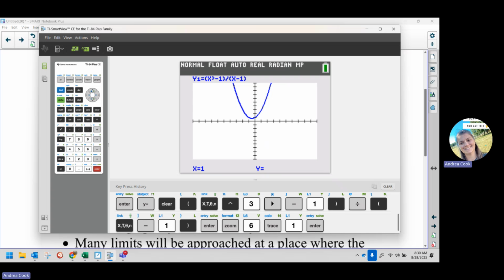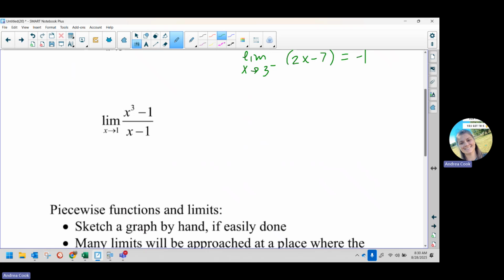If I were to sketch a picture, it looks like that with a little hole there. But both sides of the graph, as I come from this direction and from that direction, are approaching the same number, right? We have to figure out what that number is.